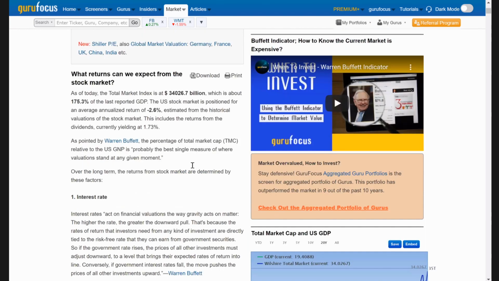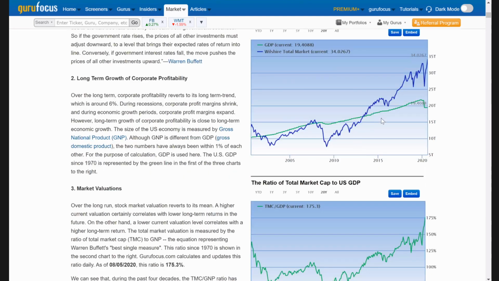So if we come here, you can see this blue line here. It's the US total market cap. The green line is the US GDP. US GNP, actually. GNP and GDP are different, but the difference is always quite small, and we're using the GDP number here.